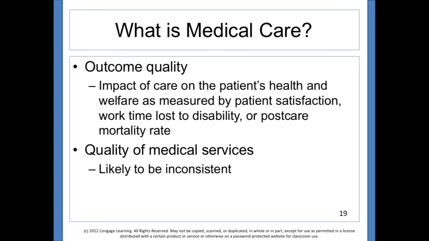And then the last one, the outcome quality, is more straightforward than the other two, the structural quality and the process quality. For the outcome quality, we are looking at the final outcomes. It refers to the impact of care on patients' health and welfare.